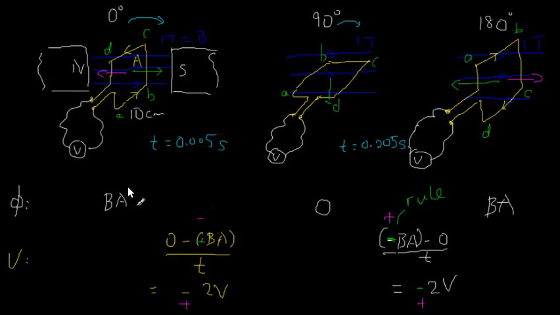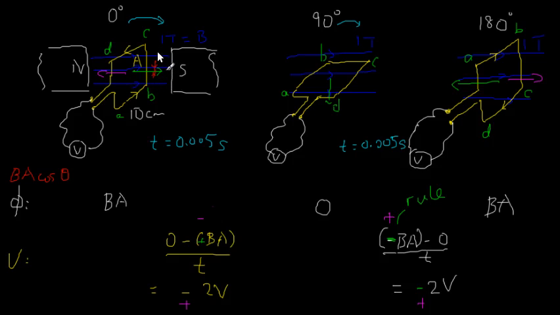If you recall from a few videos ago, I mentioned that we can actually calculate the flux using the formula BA cosine theta, where, if you remember, theta is the angle between the magnetic field and the perpendicular to the area.